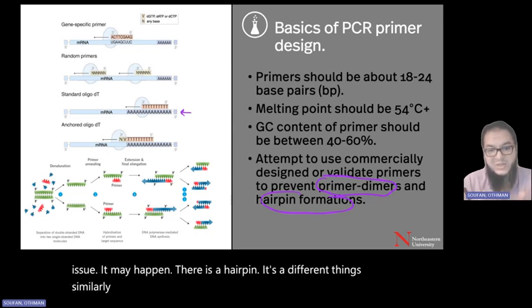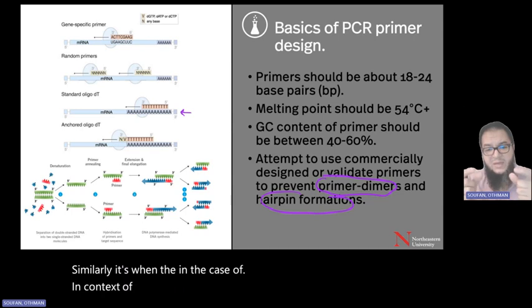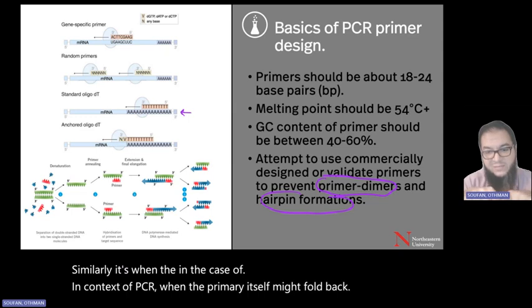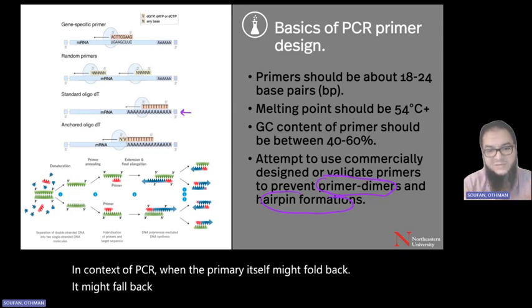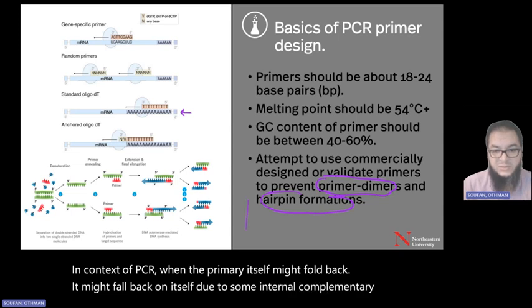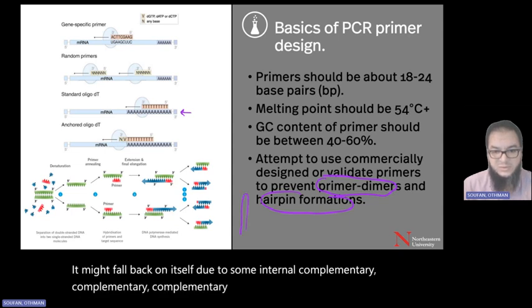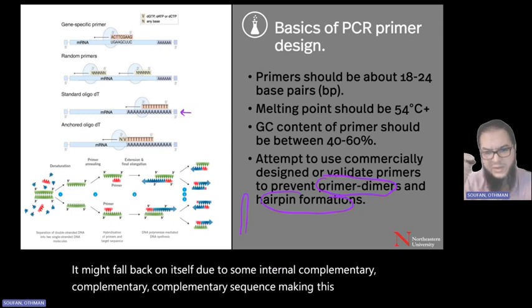Similarly, in the context of PCR, it's when the primer itself might fold back on itself due to some internal complementary sequence, making the shape of a hairpin.